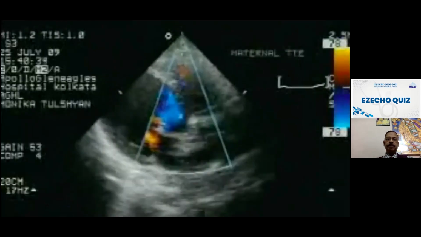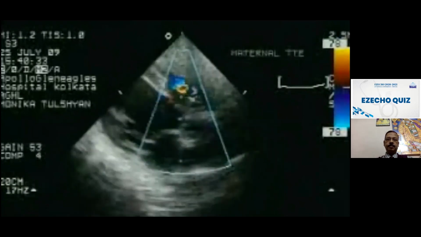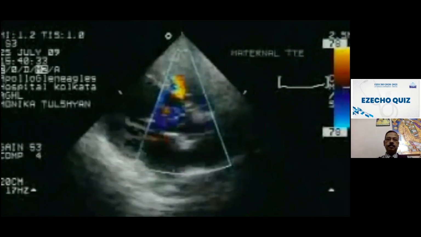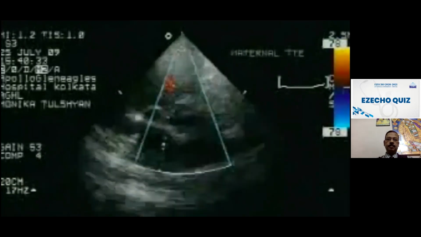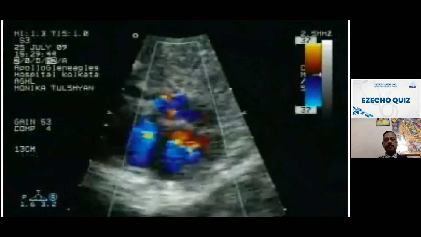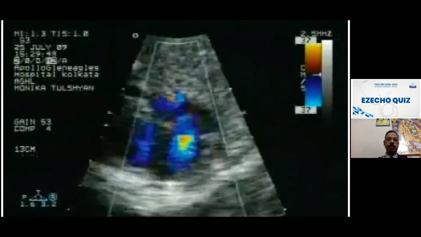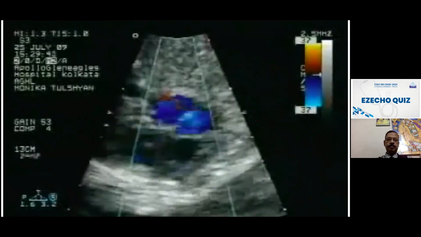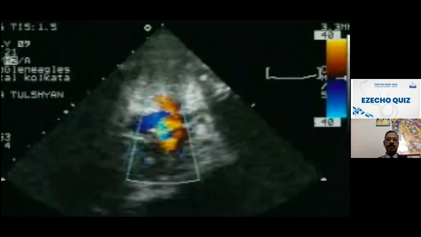And this is the second clip for the mother. And this is the first clip of the fetus. Look at the first clip of the fetus very, very carefully. And this is the second clip of the fetus.